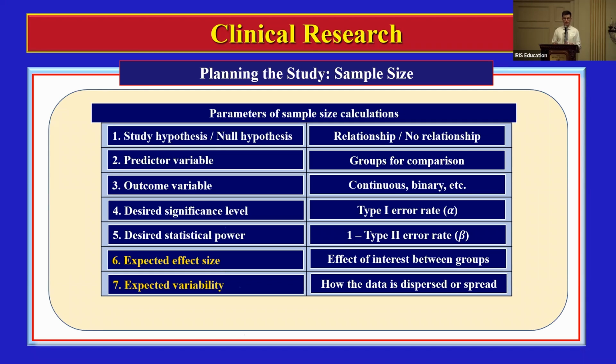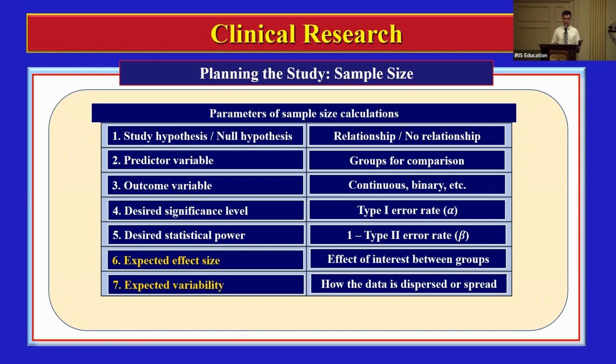And then we also need to define our outcome variable, which is usually measured on a continuous or a binary scale. Continuous would be maybe like a change in weight if you're studying an investigational drug for weight loss. Potentially, if it's a binary outcome, then it's going to be something like mortality or recovery, where it's a yes or no outcome.